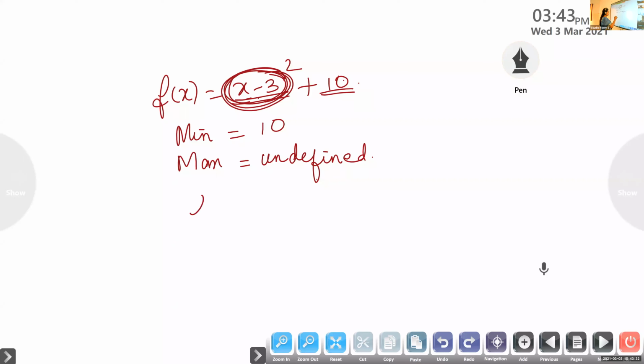Now I'll give another function. Aparna, you have to give the answer. Others, don't answer it. Aparna: minus of (x - 1)^2. What is the maximum value? What is the minimum value?